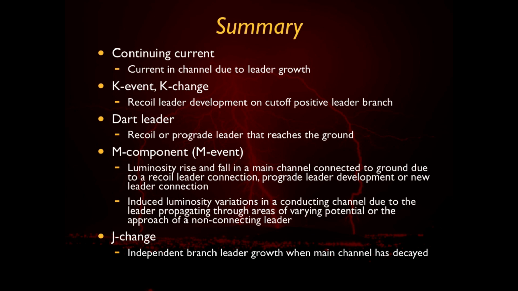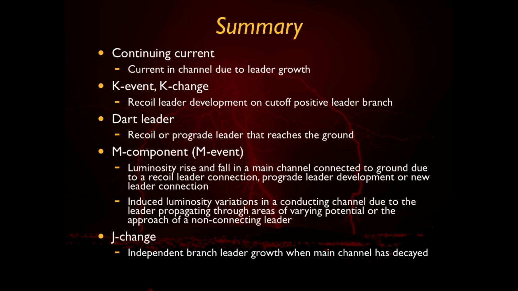And when they do that, that could induce a current change within the channel due to the induced electric field from the approaching but non-connecting leader. And since the luminous leader is conductive, this induced change can cause a slowly varying luminosity variation characteristic of an M component. And finally, a J change, which is the electric field change that is seen in between return strokes of ground flashes.